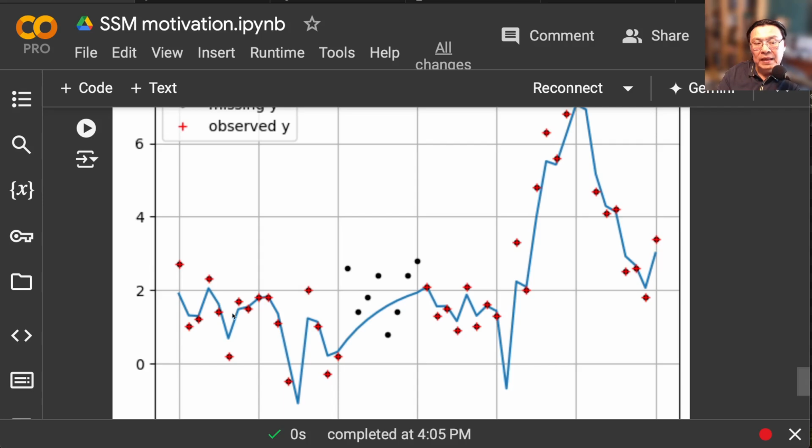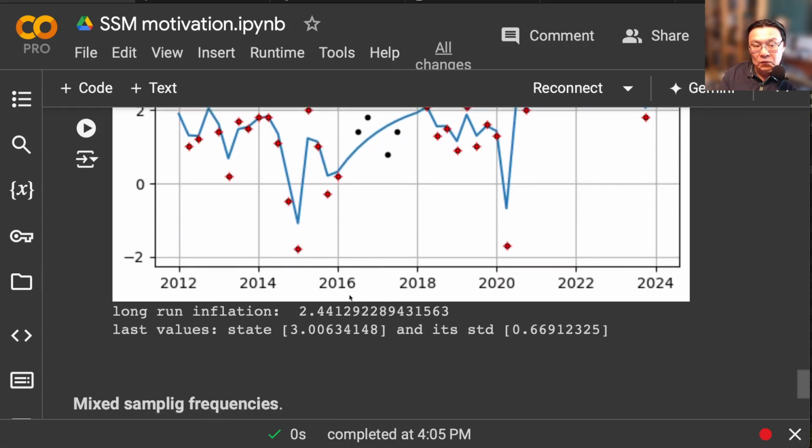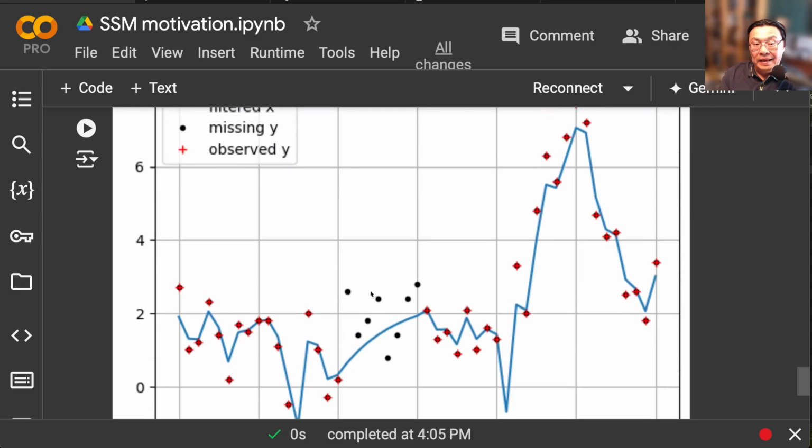So let me explain. The blue line again is the filtered value of x, as we've done before. However, now I took 2 years of data in 2016 and 2017, and I removed that data. I made it missing. We are not observing these red dots.